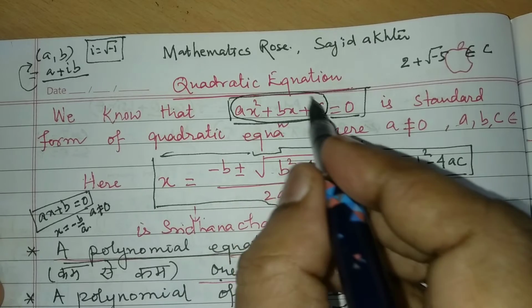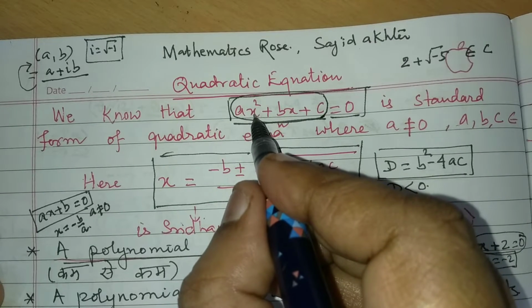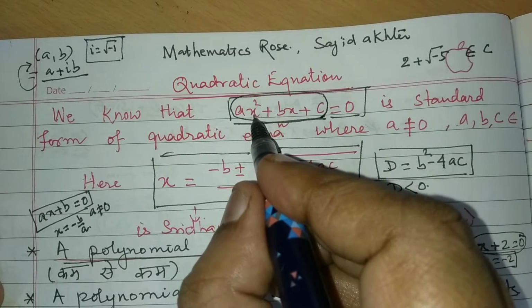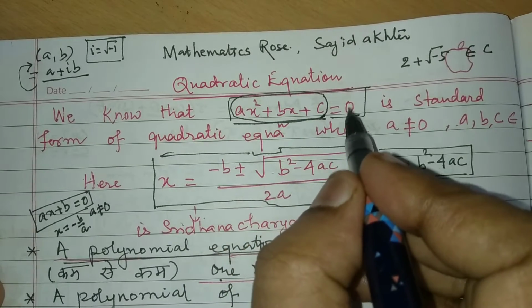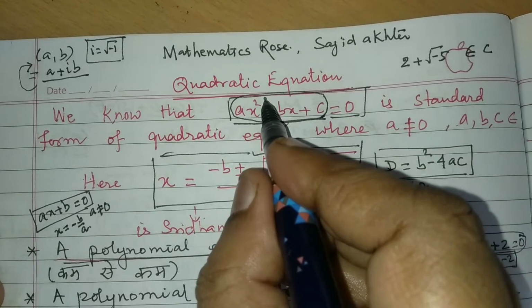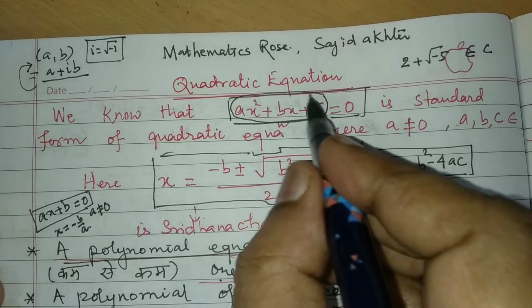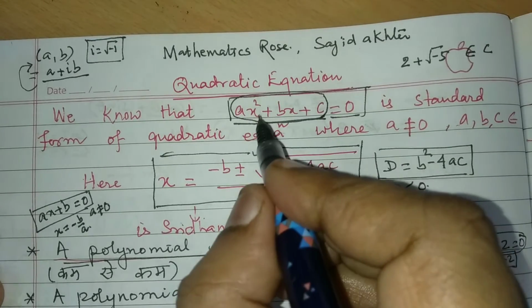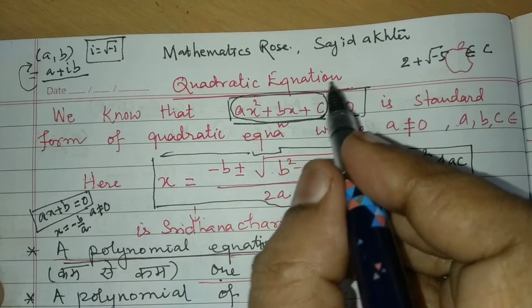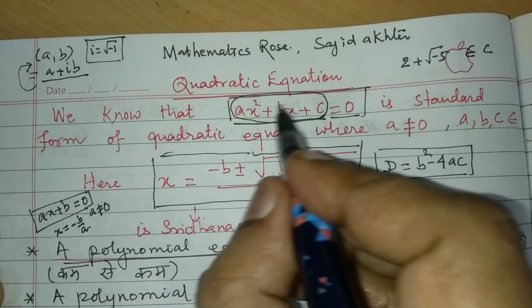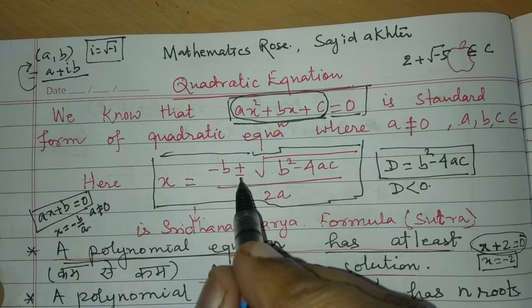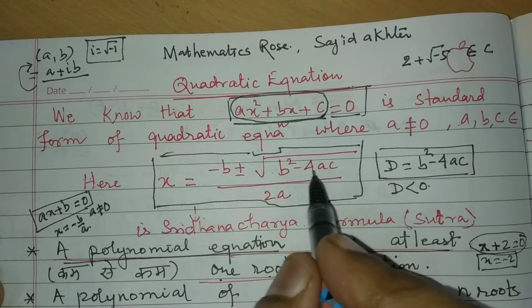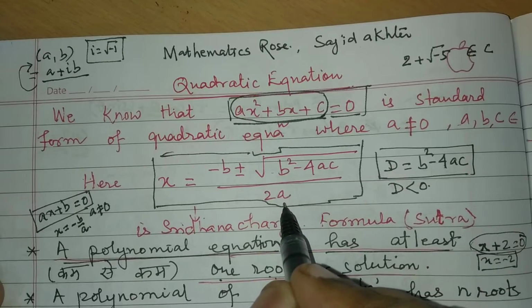Every quadratic polynomial equation is also called a quadratic equation. So every quadratic equation has two solutions or two roots. x has two values, which are minus b plus minus root under b square minus 4ac divided by 2a.